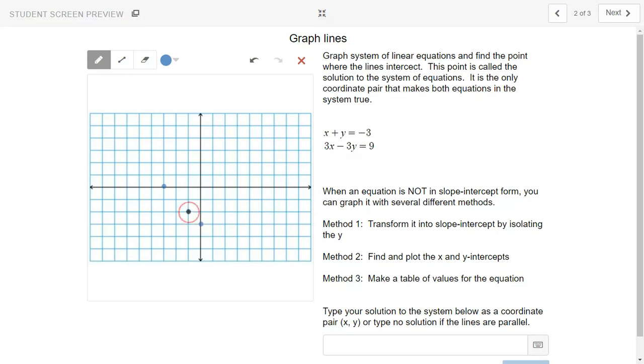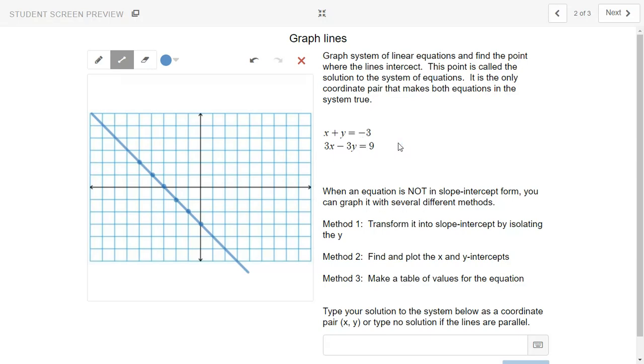So I can make it more accurate if I throw in some extra dots there. And I can follow this up here to the corner, and strike my line.